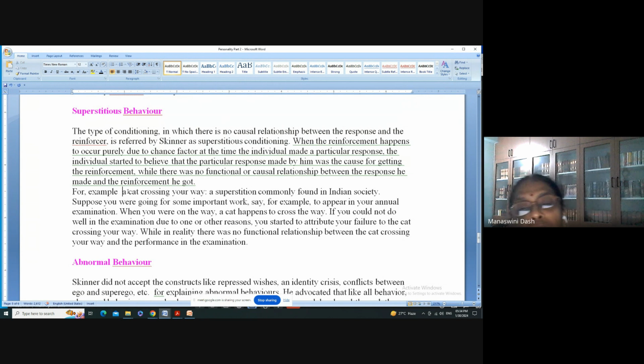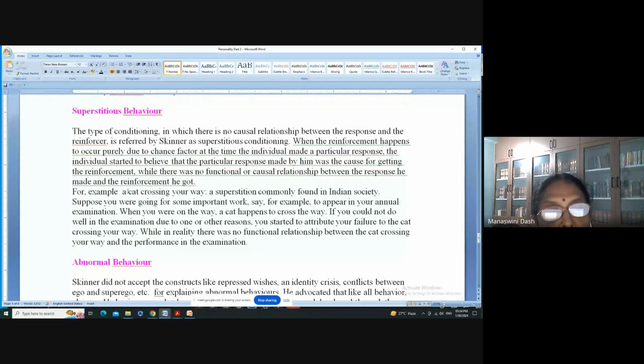A superstition commonly found in our society, Indian society. Suppose you were going for some important work, or you are going to appear for your examination. On the way, a cat happens to cross your path.